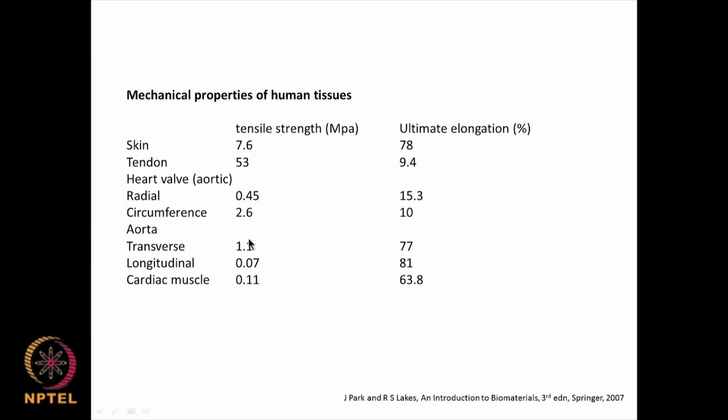Aorta, transverse is 1.1, longitudinal is 0.07, very very low. Cardiac muscle, tensile strength is 0.11 megapascal. So, depending upon the direction in which the load is applied, the tensile strength can be different, and the ultimate elongation also can vary. This is taken from this particular reference.